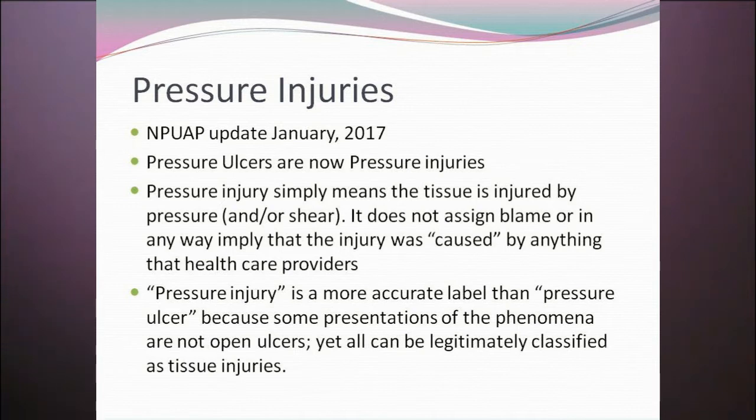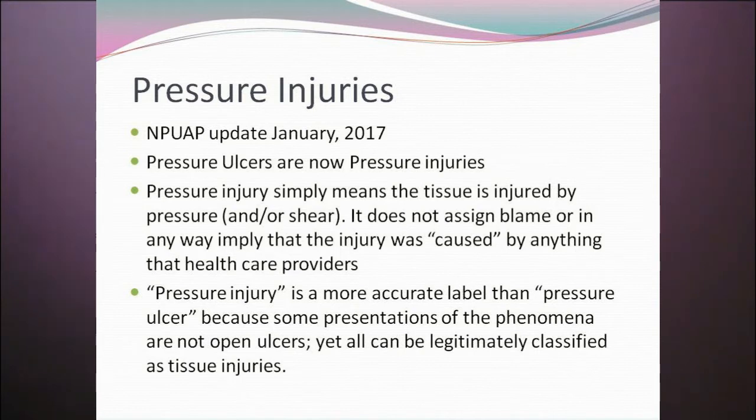The reason for that is that pressure injury simply means that the tissue is injured by pressure or friction or shear forces. And it is important because sometimes there is this idea that injury means that someone is to blame. Pressure injury is not meant to assign blame or in any way imply that the injury was caused by anything other than the health of the patient rather than by healthcare providers.